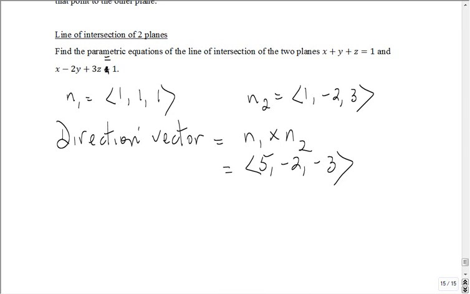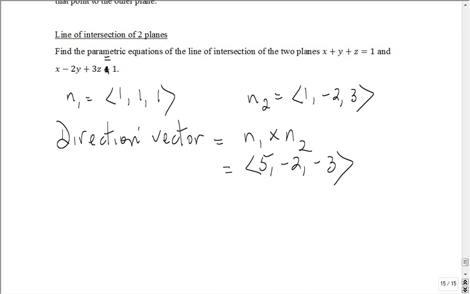Okay, now there are different ways to do that. I mean, you can do it the long way, but I'll give you a very short way to find the point. Choose any arbitrary value for z, or for any of them, x, y, or z. But we normally choose 0 because it's easy to plug in 0. So you choose z equals 0, put that into the plane, and that will enable you to find the values of x and y.